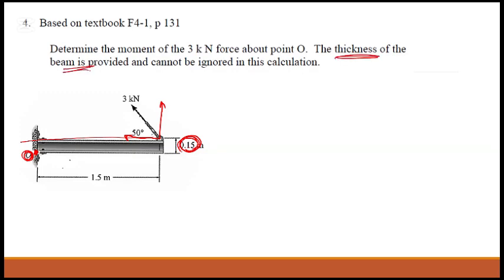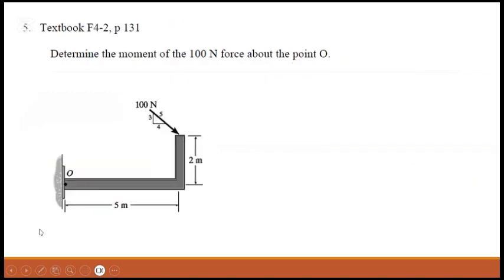In that case, you can consider this as 0. But if they say consider the thickness of the beam, then you need to consider it as a number, then you get a small moment because of this one as well. Okay, so that one is fine.